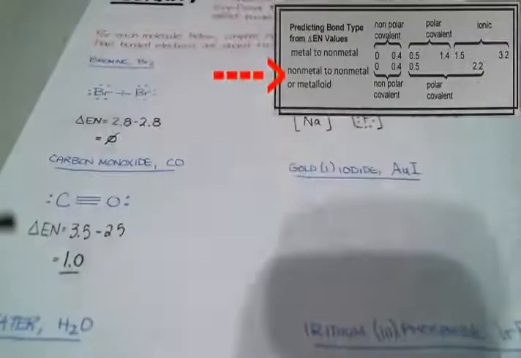Examining the top of your periodic table there, you'll notice that since these are both nonmetals, we're going to look at the bottom section, and that falls within the range of polar covalent. So a polar covalent bond just means that electrons are being shared, but those electrons are much closer to one of the atoms than the other. The oxygen is much stronger at pulling electrons than the carbon.